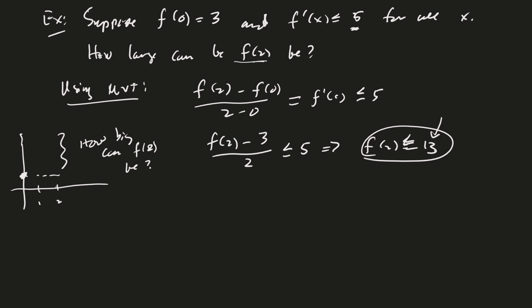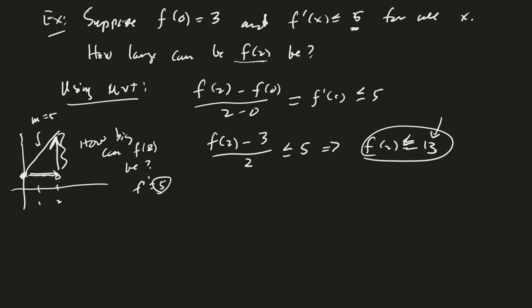So what happens if we just take f prime to be equal to 5 for the entire time? If we do that, then this is actually traveling on a line with slope 5. And so if you go over 2 units and you have a slope of 5, how far up do you go? You would go 10 units, 2 units over with a slope of 5, so m equals 5 in this case.